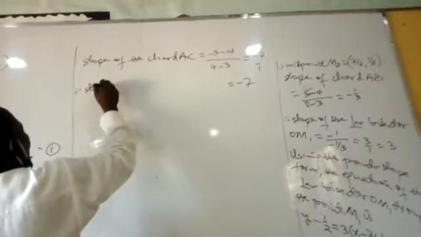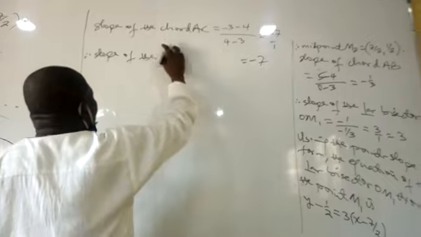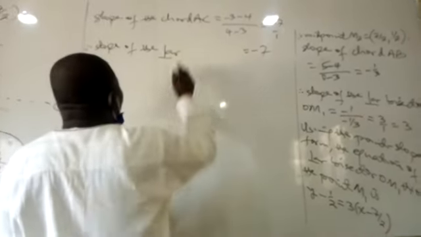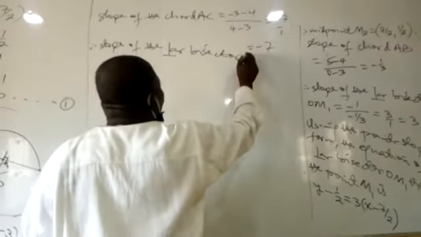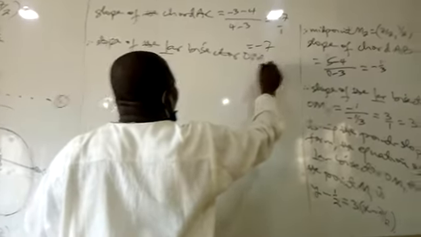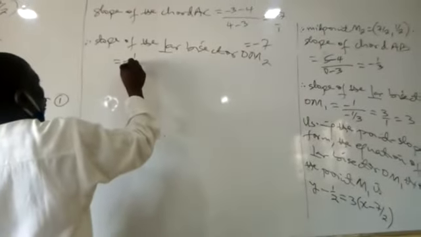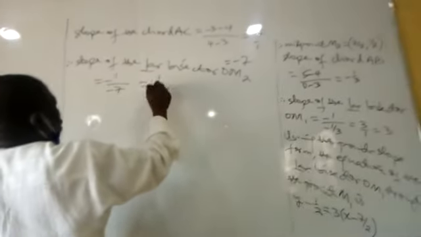Therefore, the slope of the perpendicular bisector OM2 is equals to minus 1 over minus 7, and that is 1 over 7.